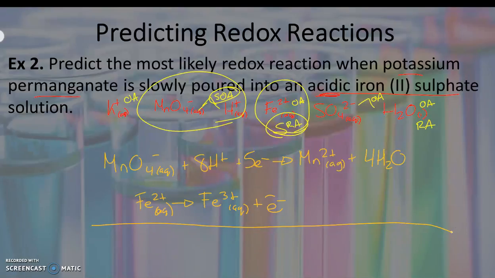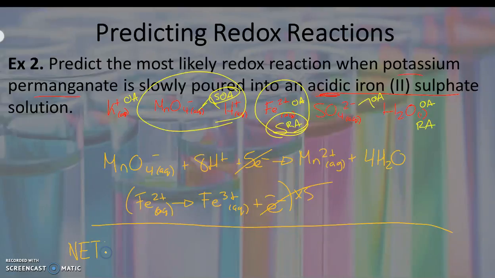So to create my net ionic equation, I need to have the same amount of electrons being transferred from reducing agent to oxidizing agent. So what would I have to do here in order to have the same amount of electrons? Right, so I'll times this guy by 5, and so technically that would cancel out these electrons.